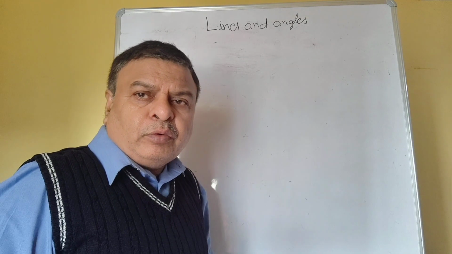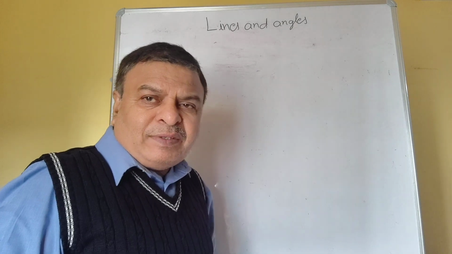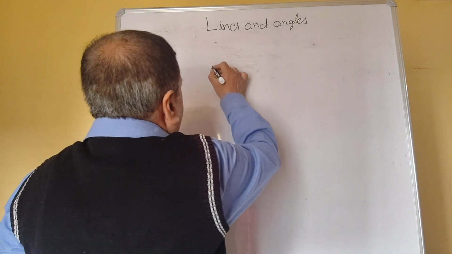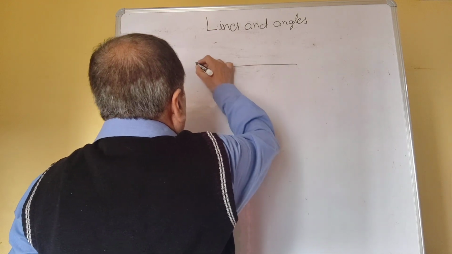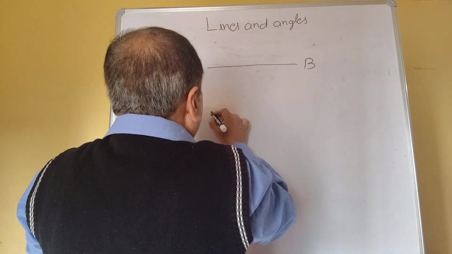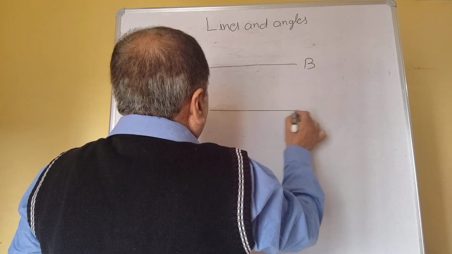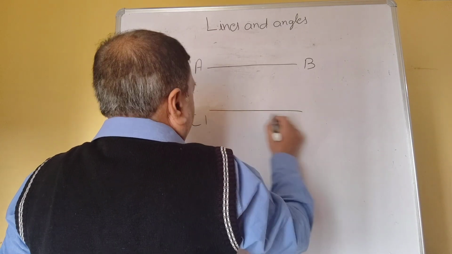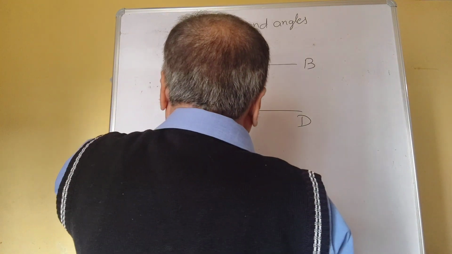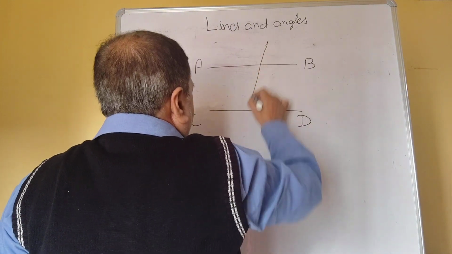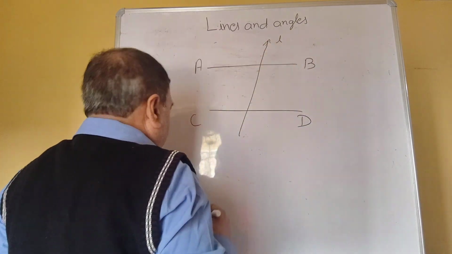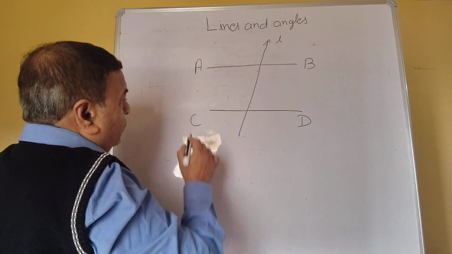Now let us go to lines. Lines, basically parallel lines and their rules. Suppose AB and CD are parallel lines, and another line, see this line is L, cuts both of them.